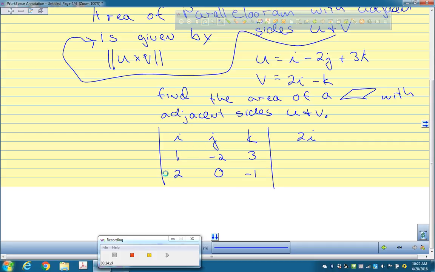And this times this minus this times this, it's minus 7, but the j is negative, right? So it becomes plus 7j. And then this times this minus this times this gives you plus 4k. And then you have to take the square root of 4 plus 49 plus 16, which is equal to the square root of 69. Okay, we got it.